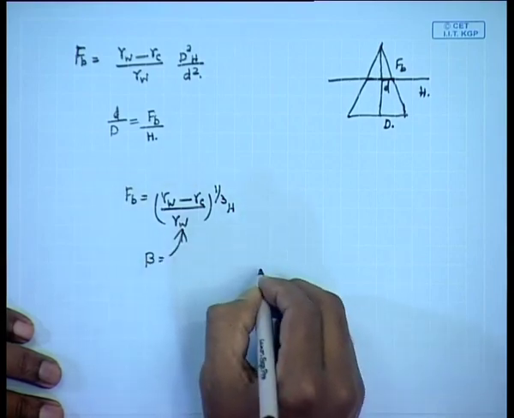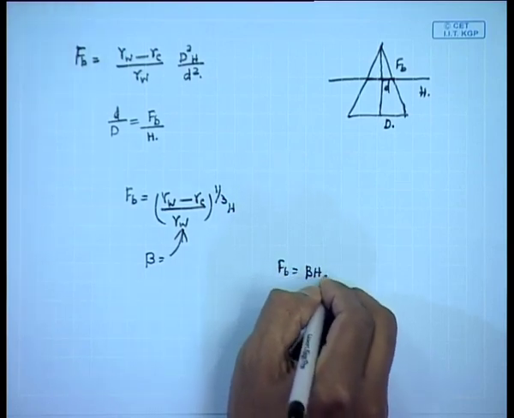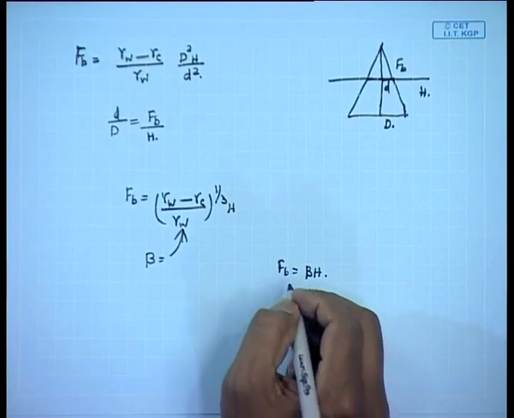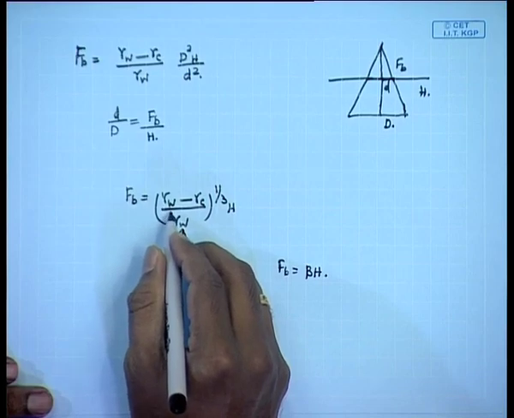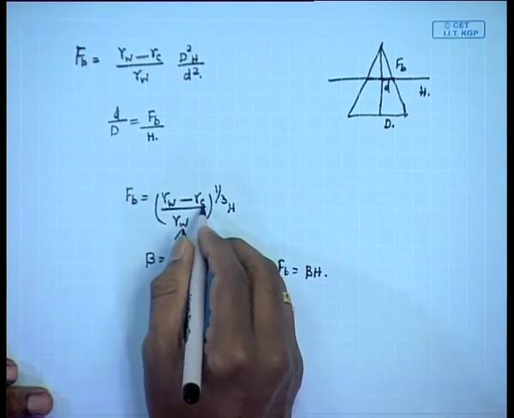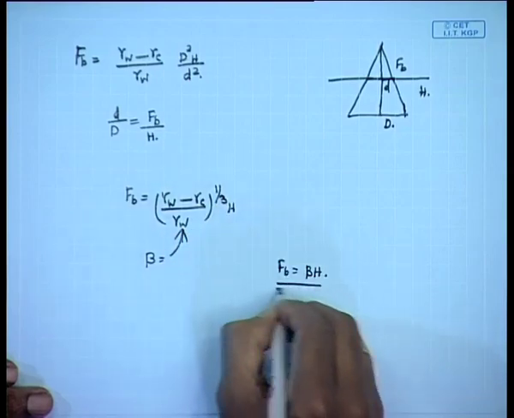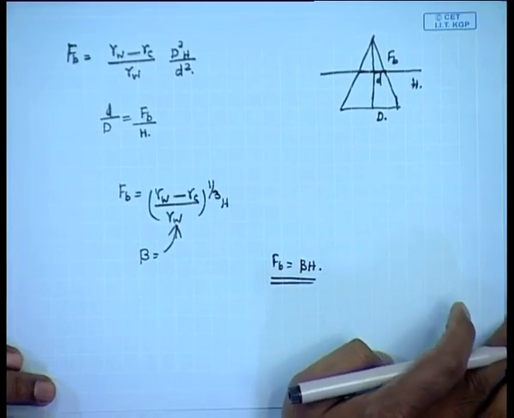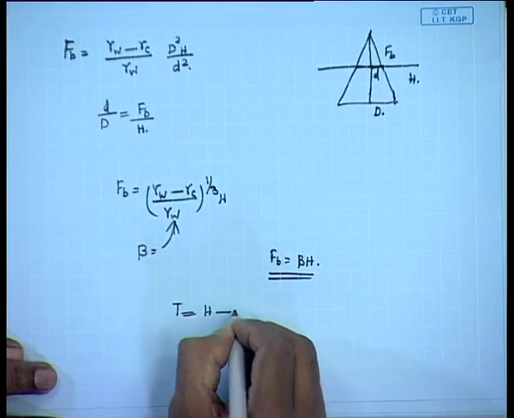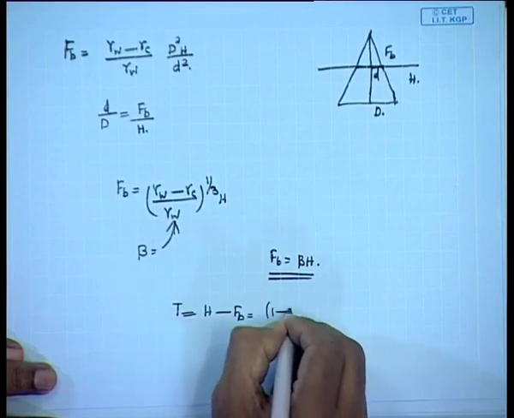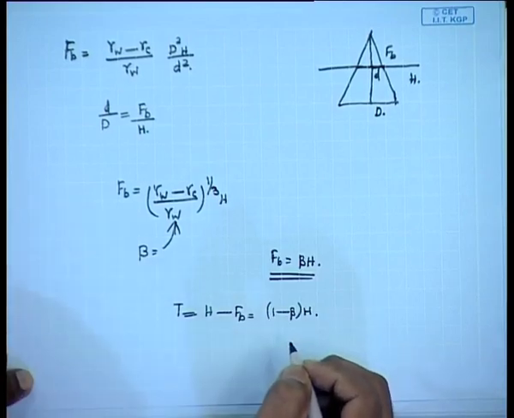So, this gives you FB is equal to beta h, where beta is gamma w, the density of water, minus gamma c, the density of the cone, divided by gamma w, whole power 1 by 3. So, FB is equal to beta h. Okay. Then draft T is equal to h minus FB is equal to 1 minus beta into h, that is the draft of the cone.